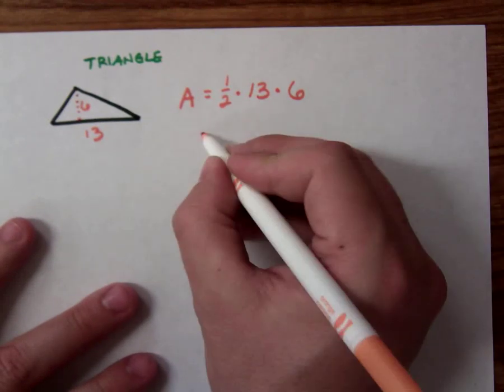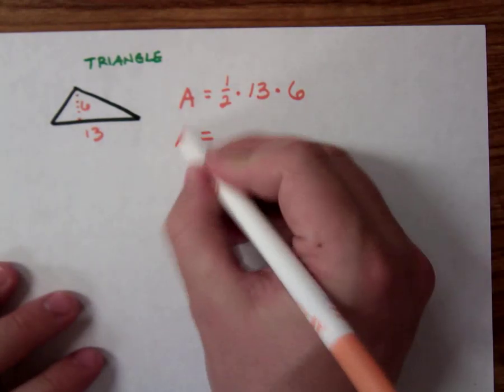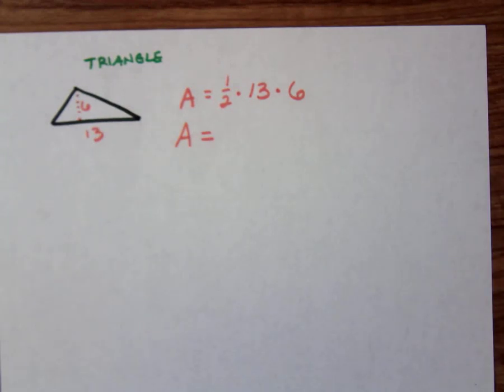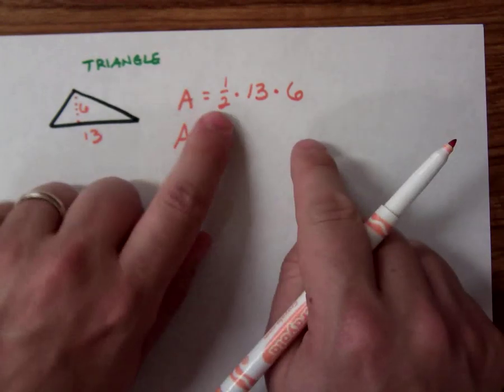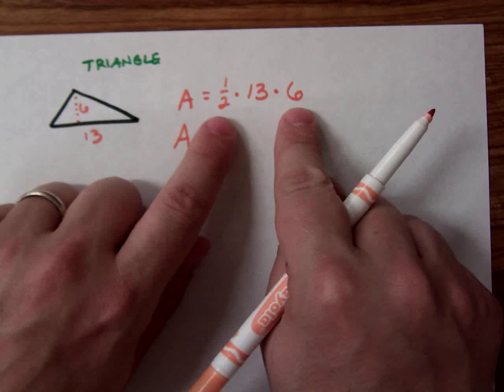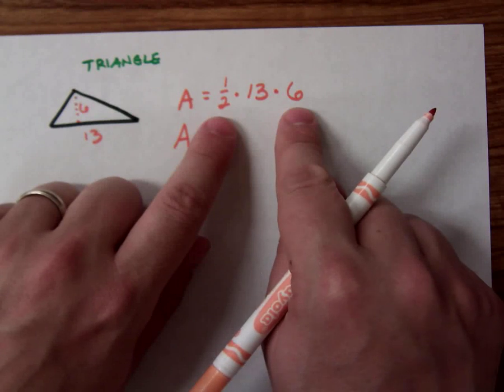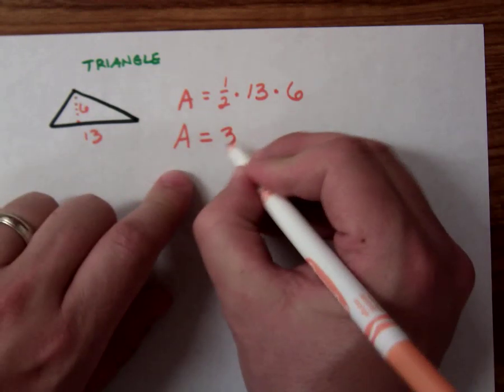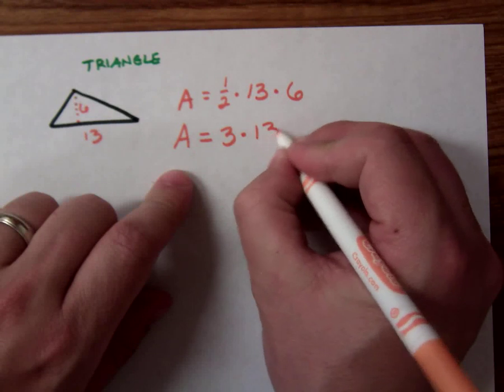So a little multiplication trick here. If I do half of 13, 1/2 times 13, I'm going to get a decimal, and I don't love the idea of dealing with a decimal if I can avoid it. But with multiplication, the order in which you do it doesn't matter. So I can do 1/2 multiplied by 6 first. What's half of 6? 3 times 13.